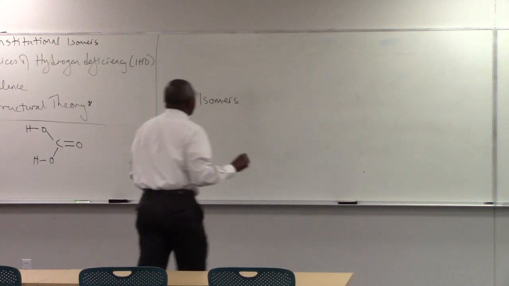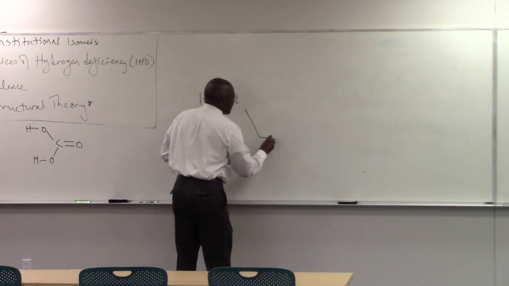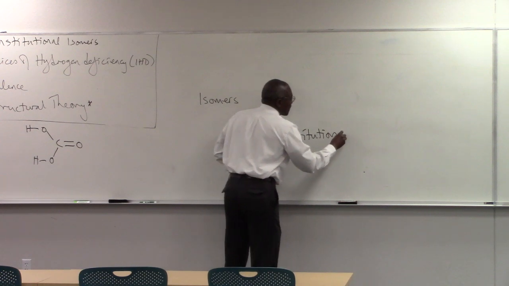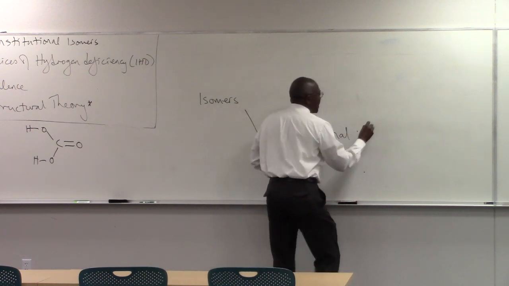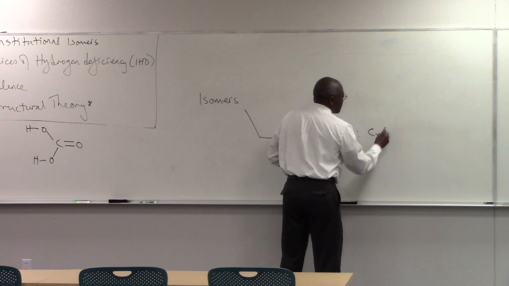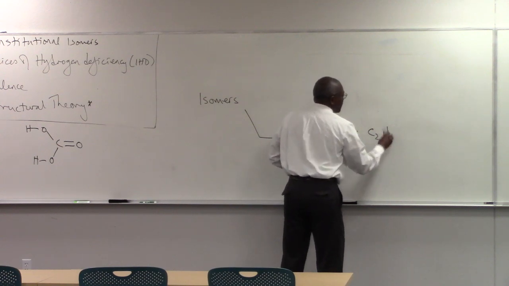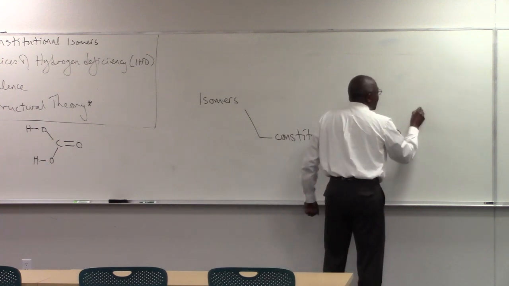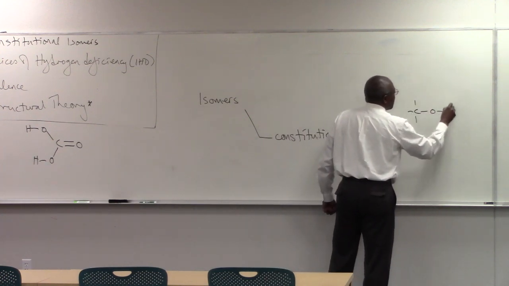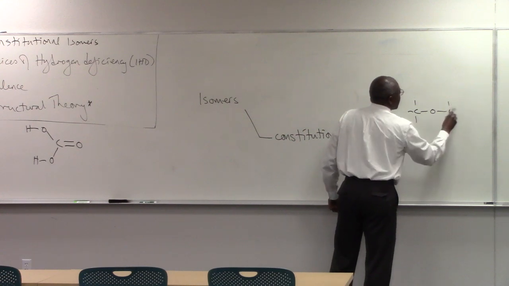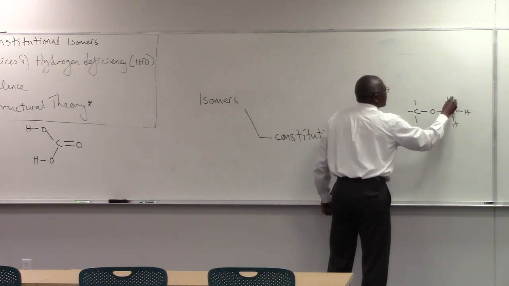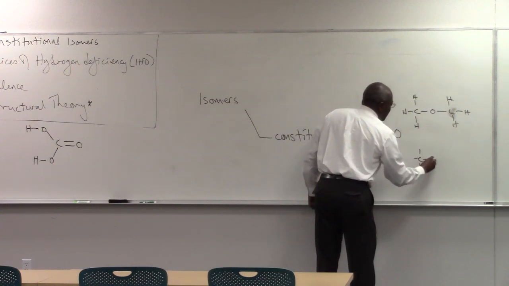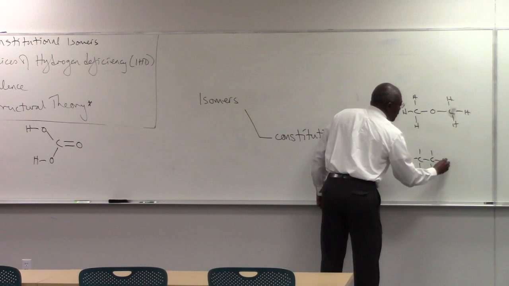And if you remember, we looked at C2H6O a little while ago, and we ended up with CH3OCH3, and we ended up with CH3CH2OH.